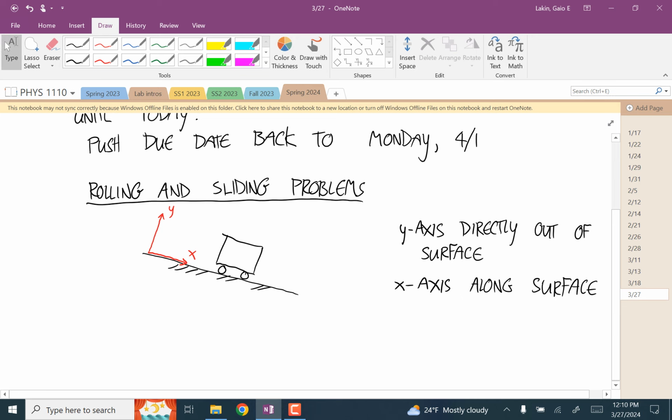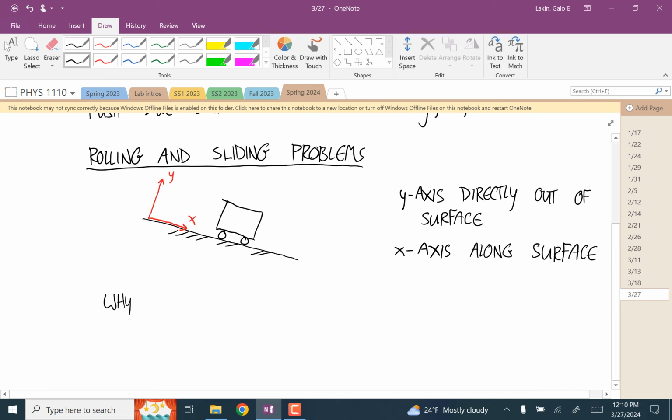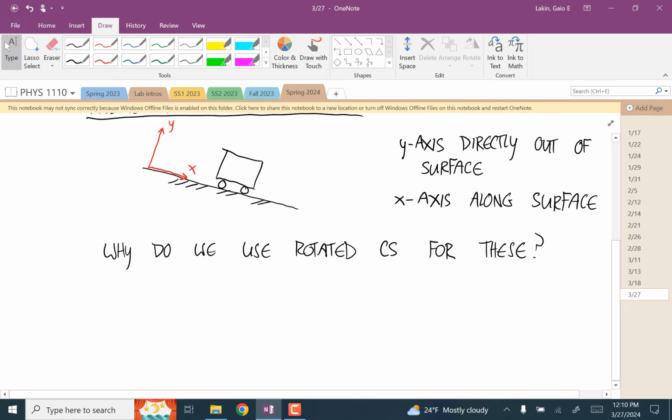So why does it help in problems like this to use this rotated coordinate system? Why do we use a rotated coordinate system for these? Well, let's think of the benefits and the drawbacks.